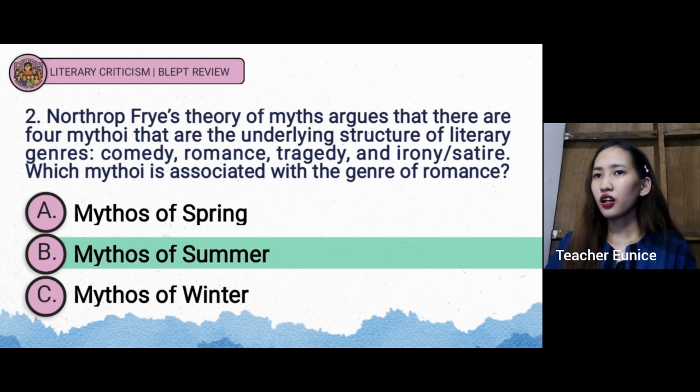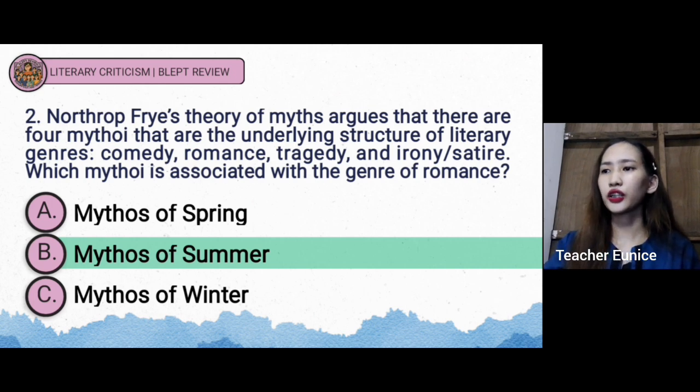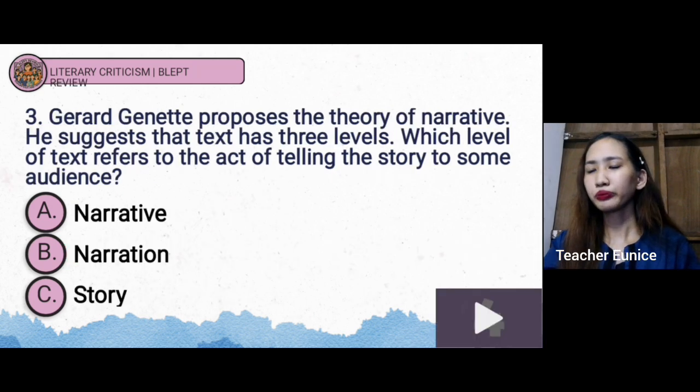Then the mythos of spring is associated with the genre of comedy. It is about birth and joy, for instance, while the mythos of winter is associated with satire. It is about wintry death. It is bitter and cold. So next, question number 3.